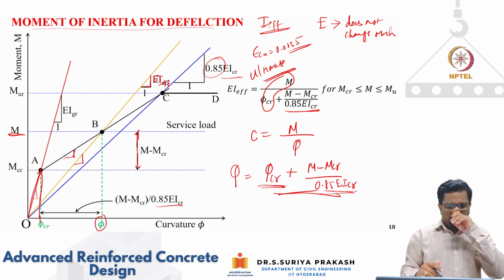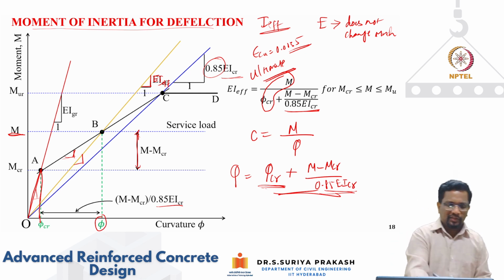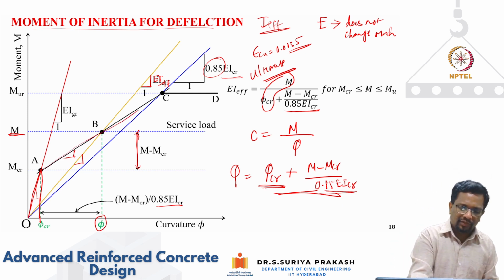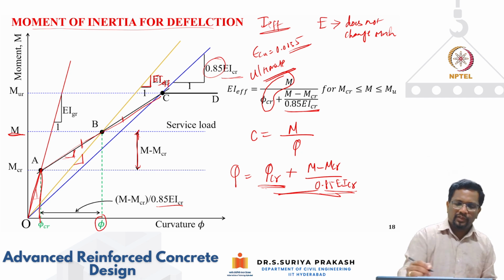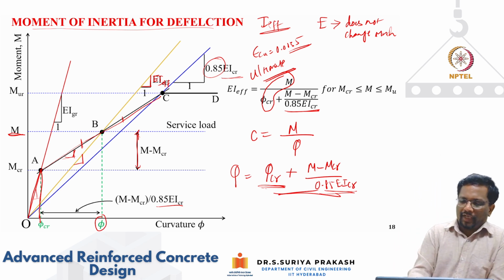So for that slope, we are using EI because this is a linear curve that we assume. In this zone, whatever may be the moment, I have to follow this slope, which is between that of these two extremes, right? So this is the way we get your effective flexural rigidity.